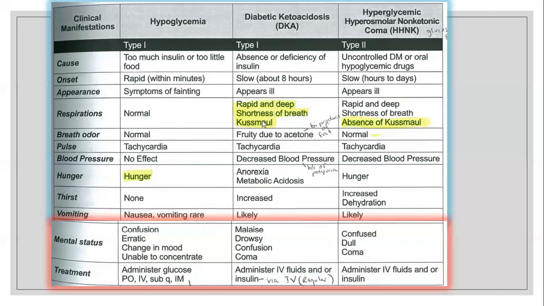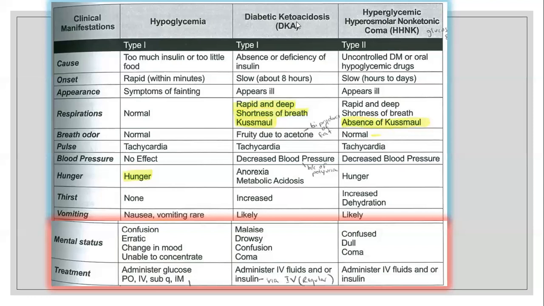Let me recap: if the NCLEX board asks what type of respiration occurs in diabetic ketoacidosis, the type 1 diabetic complication, we call it Kussmaul respiration, which is rapid and deep. In type 2, with hyperglycemic hyperosmolar non-ketotic coma, the respiration is rapid and deep, but Kussmaul respiration is absent.